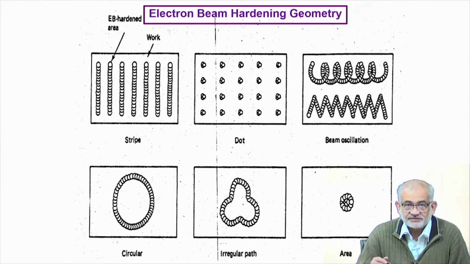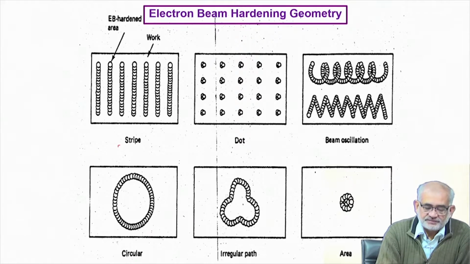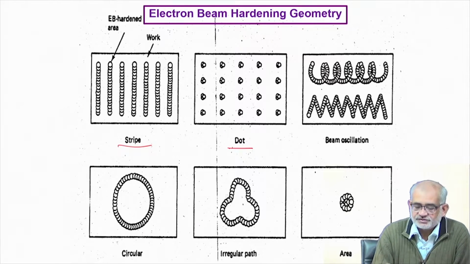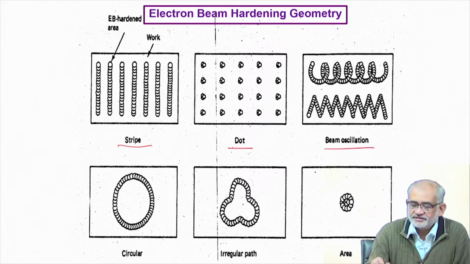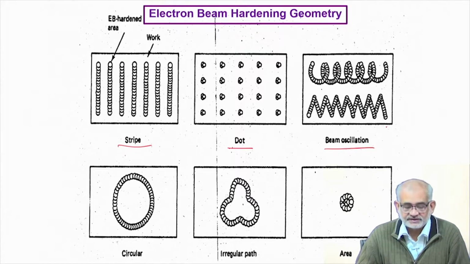The various geometries are possible. You can make stripes or dots or circular dots, or you can create oscillation of the beams and create certain complicated shapes.